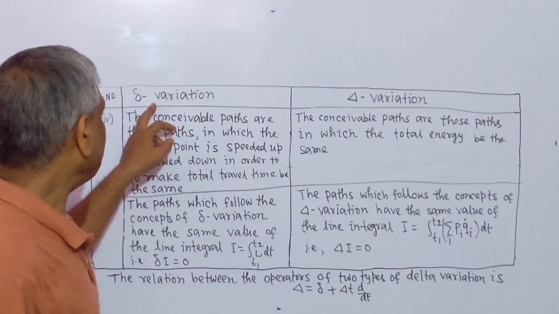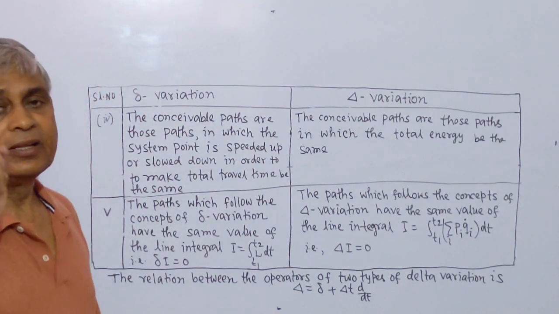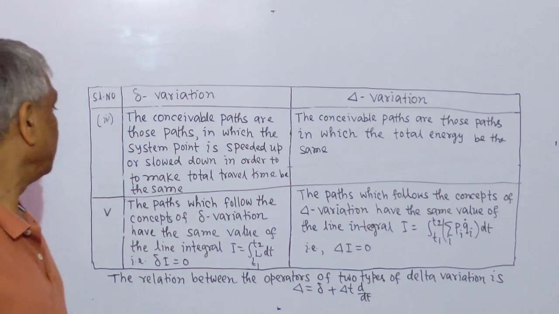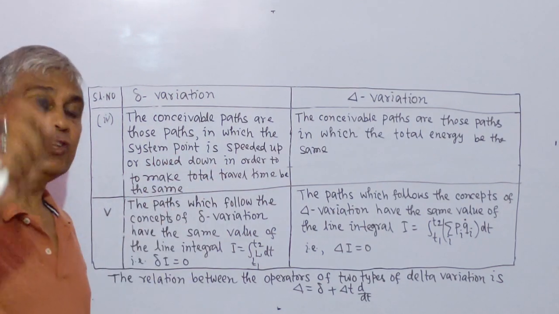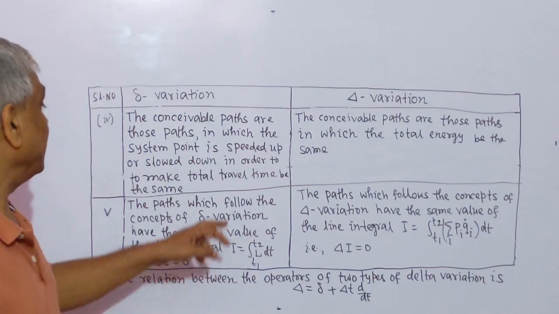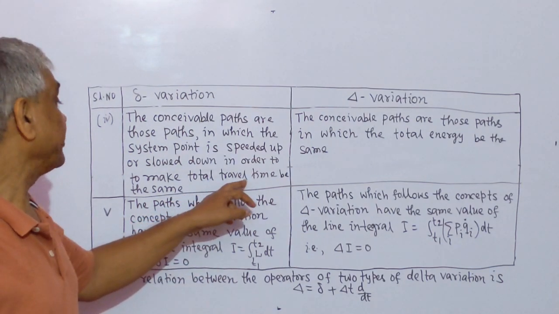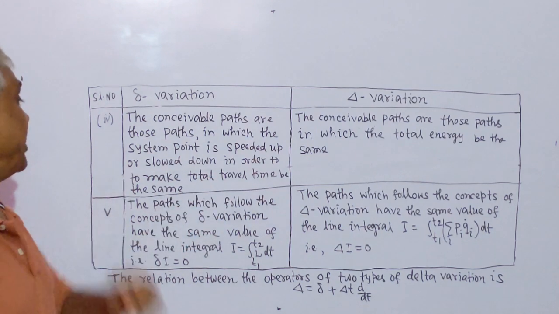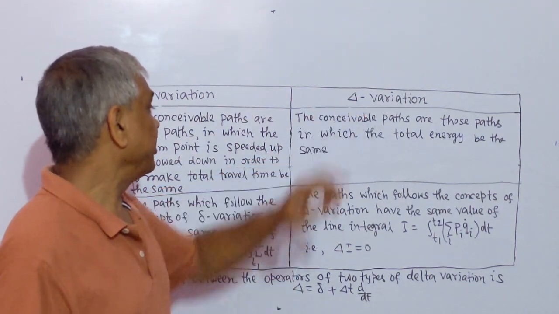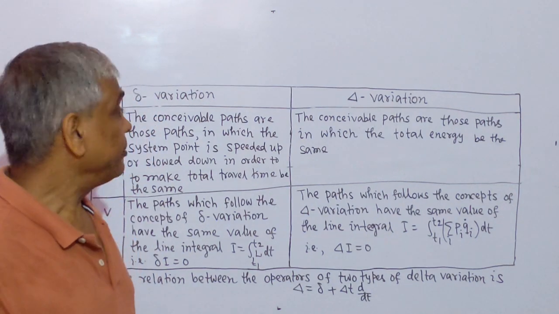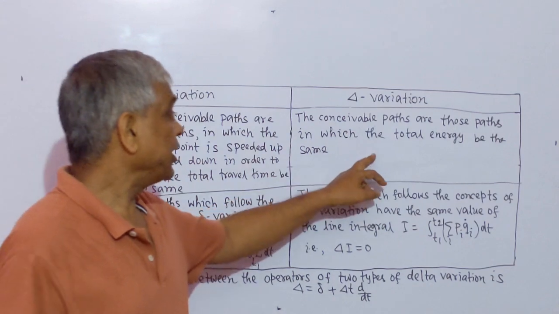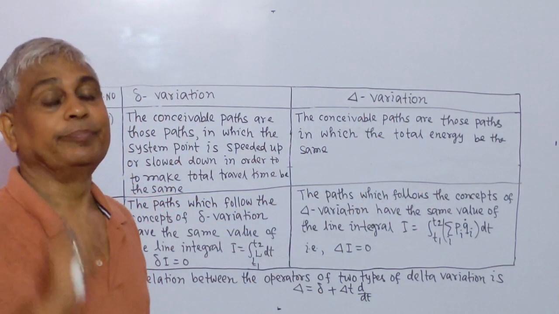In lowercase delta variation, the conceivable paths are those paths in which the system point is sped up or slowed down in order to make the total travel time be the same. In uppercase delta variation, the conceivable paths are those paths in which the total energy is the same.